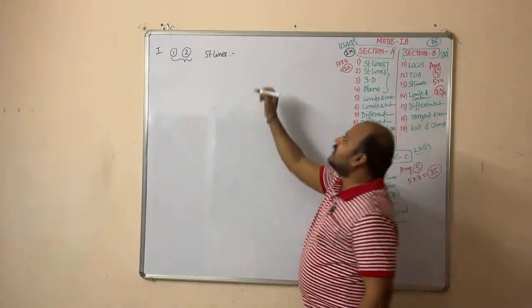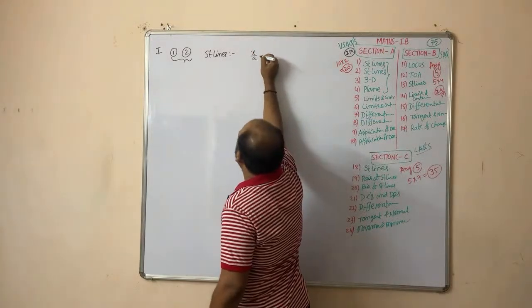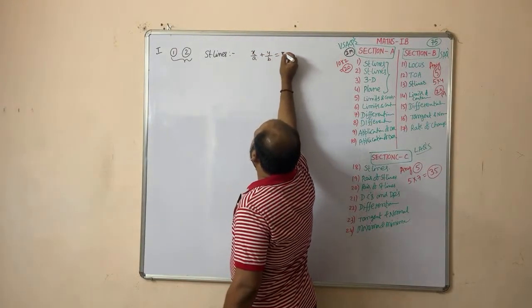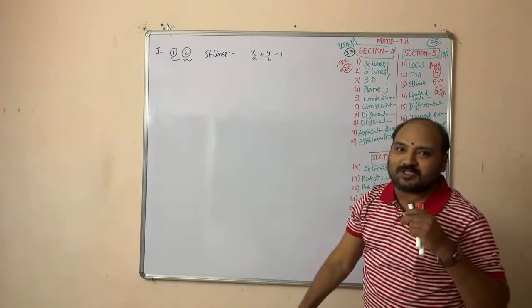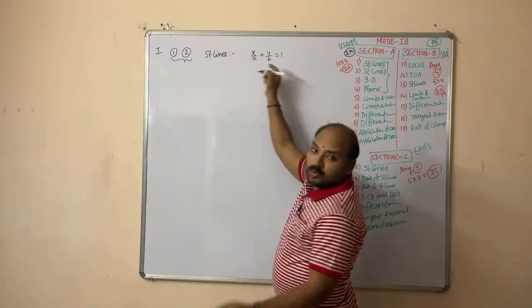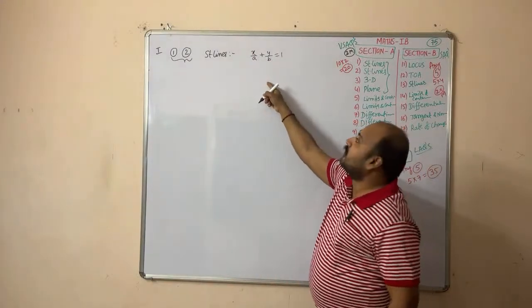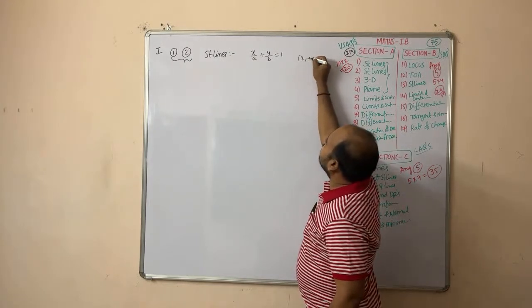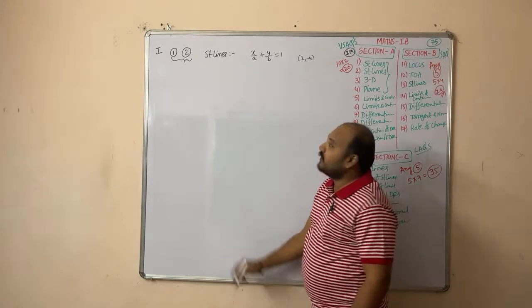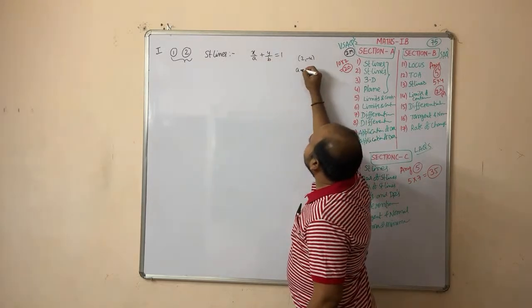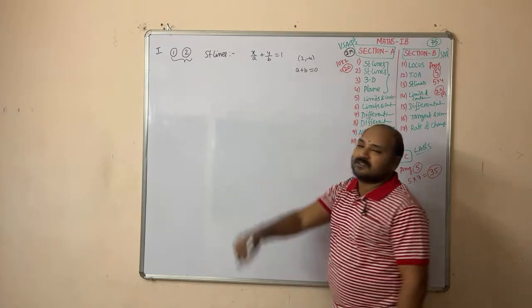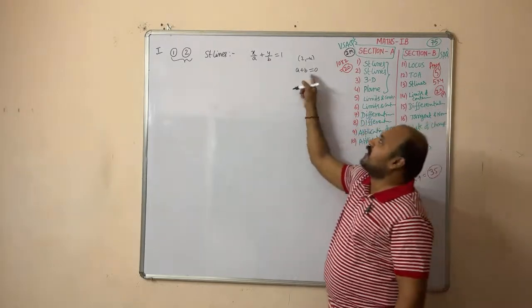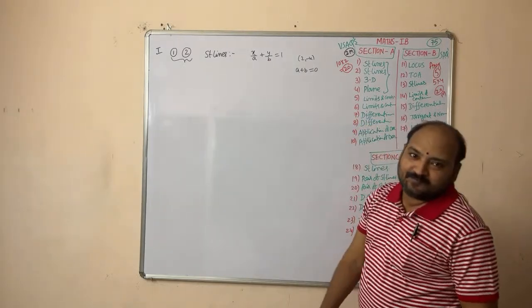The problem based on intercept form, x by a plus y by b equal to 1. They will ask, find the equation of line passing through some point 2 comma minus 4 and whose sum of the intercepts is equal to 0, like this.